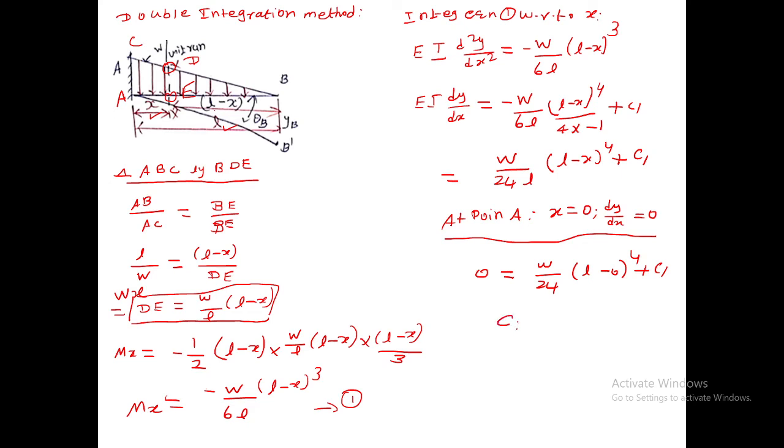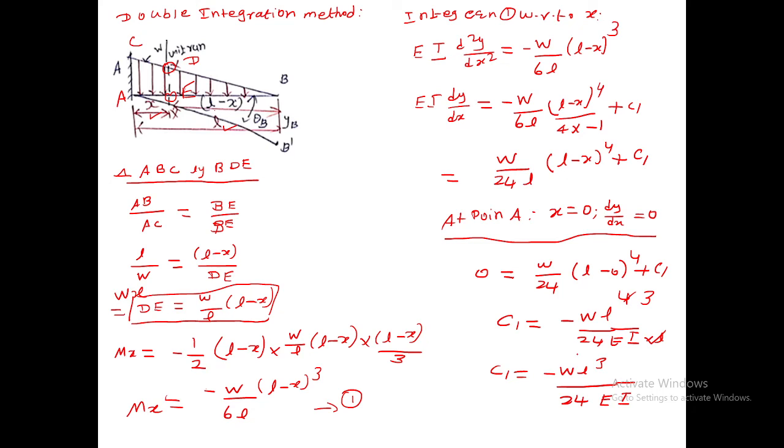So C1 equals minus W L power 4 divided by 24L, so this L cancels. So C1 equals minus WL cube divided by 24.